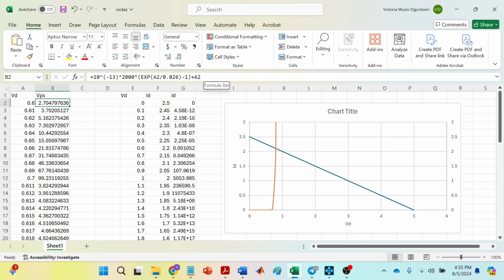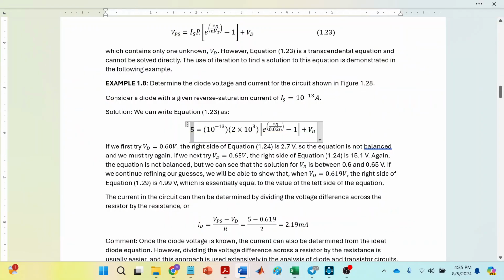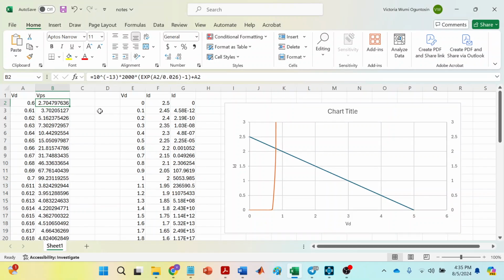So I used Excel equation to write down this same equation here in Excel format, and it calculated the value of VPS for me. So when VD is 0.6, you have 2.7 volts, but remember that it's 5 volts we want. And when we move to 0.61, we got 3.7 volts.